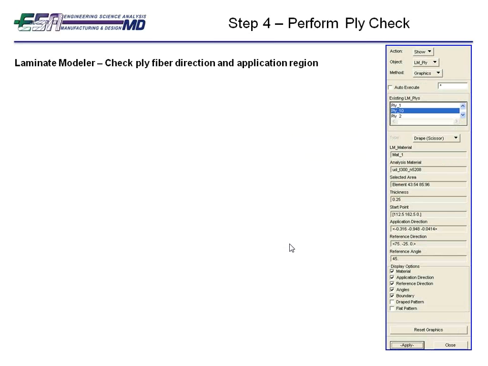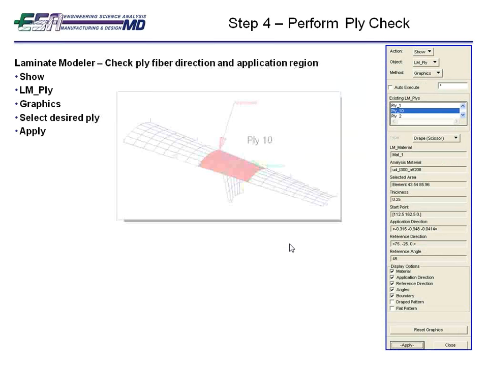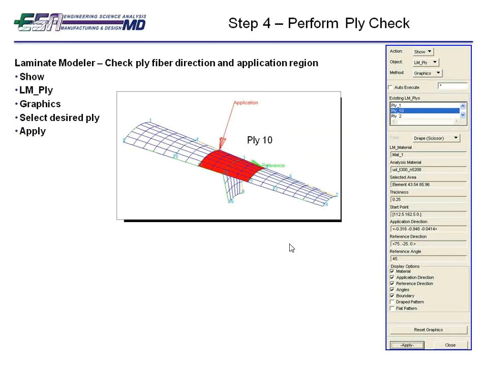We can check the plies in the MSC Laminate Modeler by choosing Show for action, Object is Laminate Ply, and Method is Graphics. And we could choose each of the desired plies, and it will bring up a graphic representation of the ply, the direction of the ply, the orientation of the ply, and the application surface of the ply. So ply 10 is applied on the top surface, and hence the application vector.